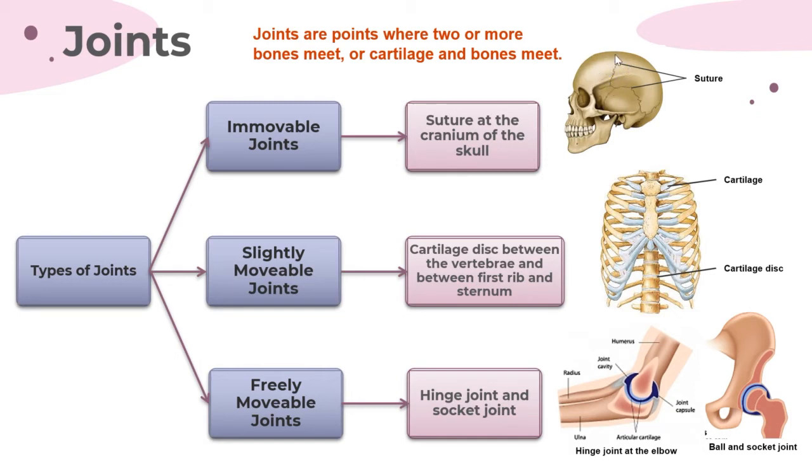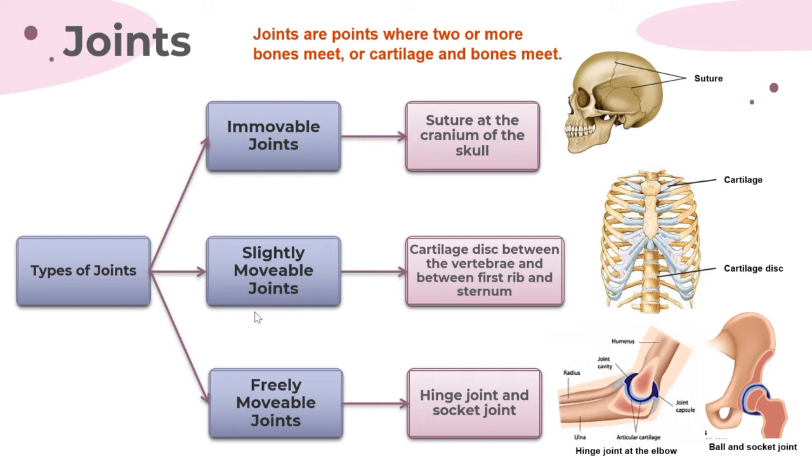A suture is an immovable joint that cannot move. It is a joint, but this joint cannot move, that's why it is called an immovable joint. It is just a point where 2 bones meet. That is the suture of the skull.